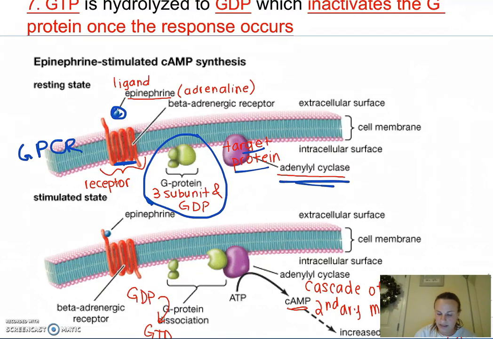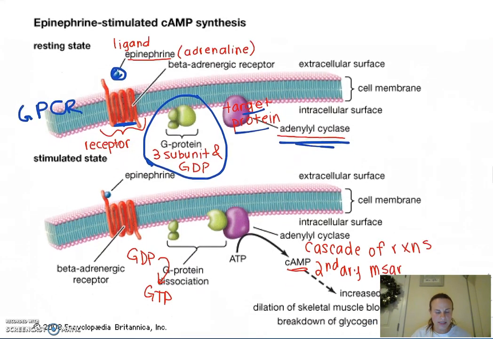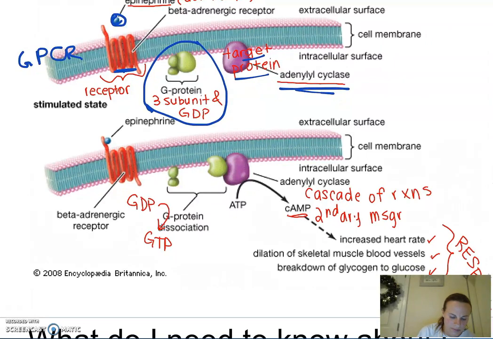So in the stimulated state, when epinephrine binds to my G protein coupled receptor, it undergoes a conformational change. GDP is exchanged for GTP.